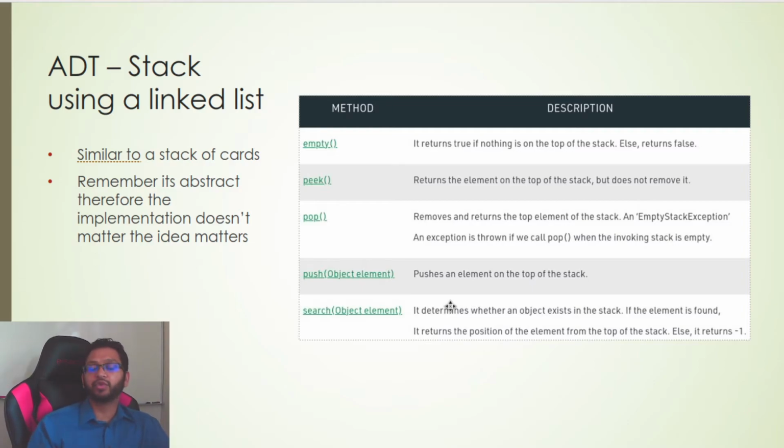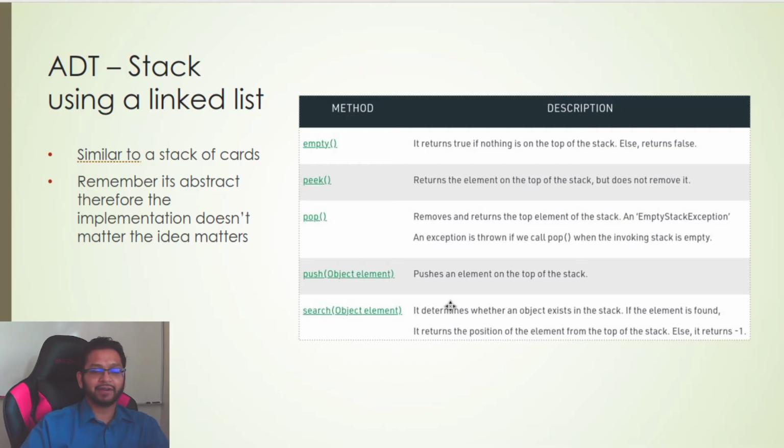Pop removes the top element, so we're popping a card off the deck. And then push is basically adding, where we push a card on top of the deck. And then, of course, search goes through the whole stack to see if something's found. But in essence, peek is to look at the first element, pop is to remove, and push is to add.